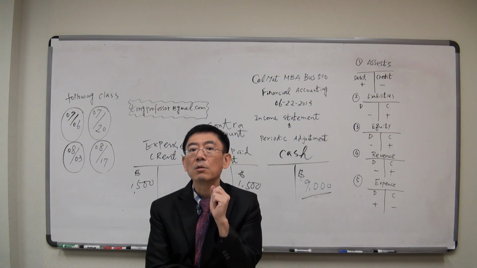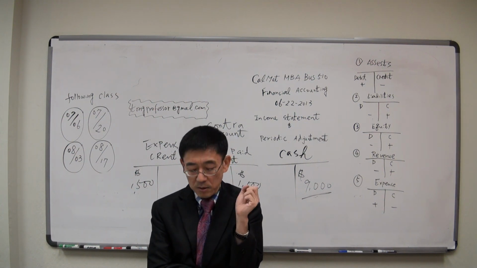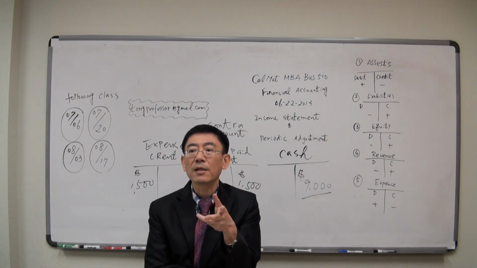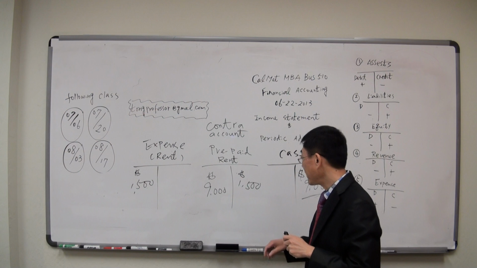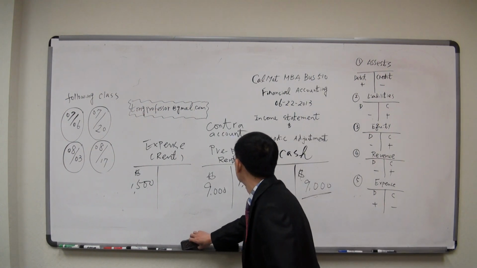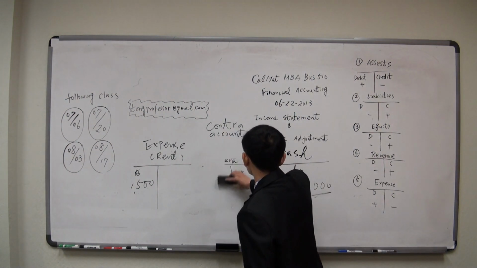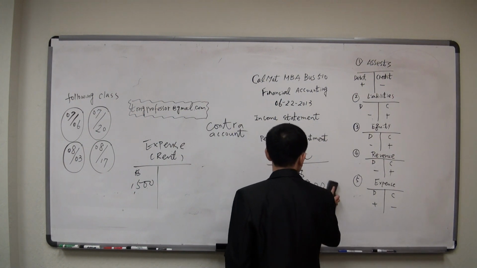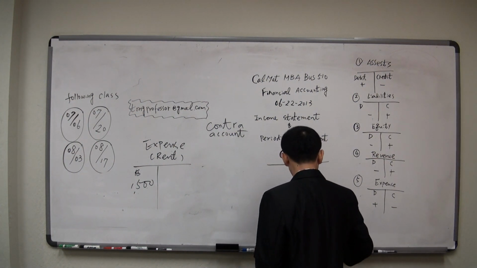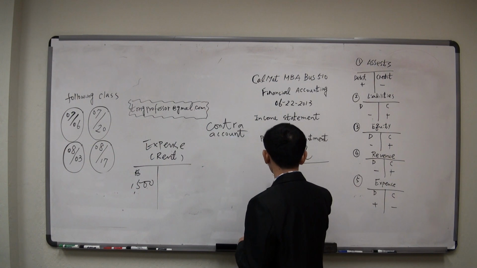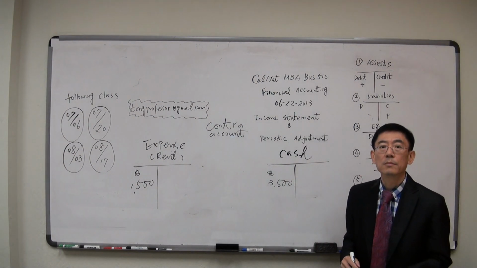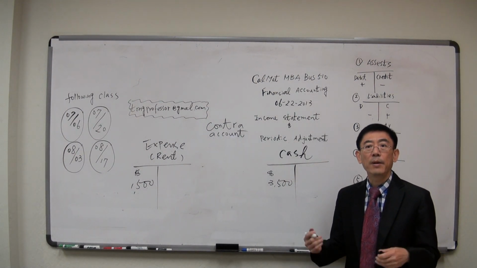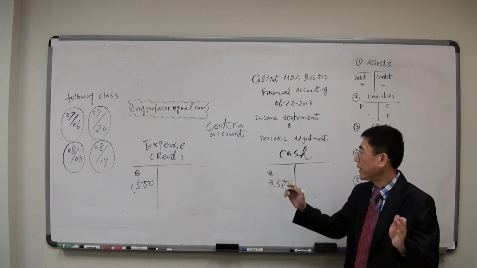Okay, so how can you enter this transaction? Cash. Always pick that up first, the easy part. When your company receives 3,500 cash, right.